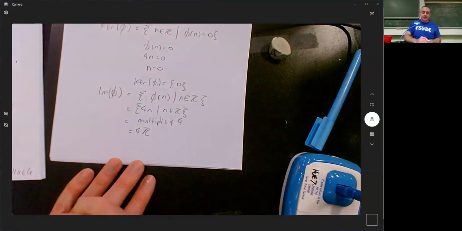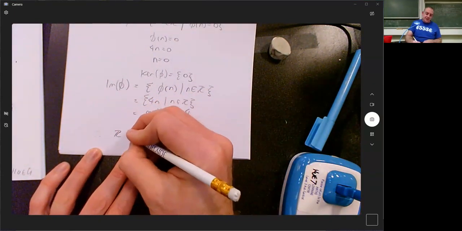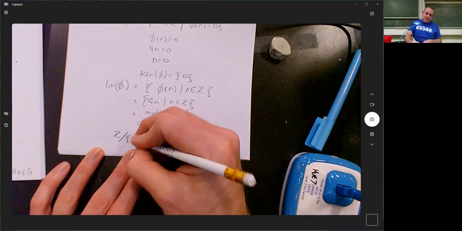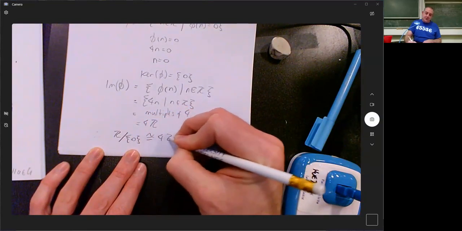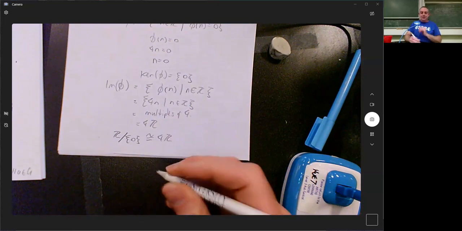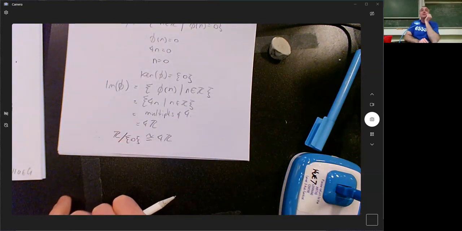And so therefore, Z factoring out just that is isomorphic to 4Z. And this is isomorphic to Z, actually.